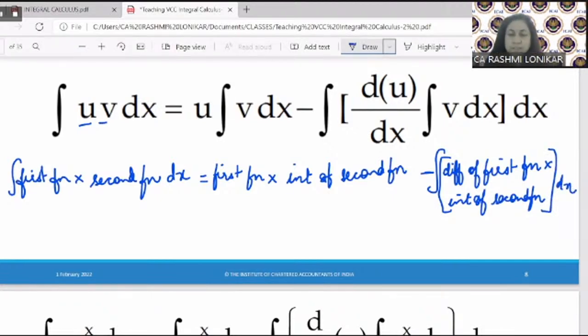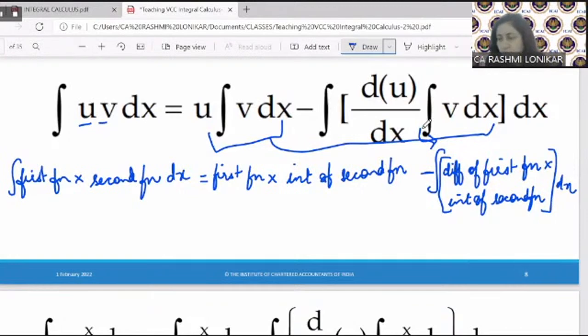So what is it saying? When I have two functions u and v, the integration of the multiplication of this will be equal to first function into integration of second minus integration of derivative of the first function. Remember here it is derivative of the first function into integration of the second function. This will be same as this. Okay.